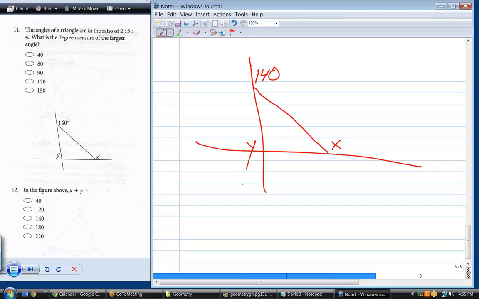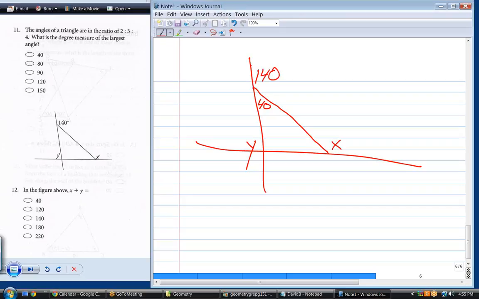So, yeah, I think so. We know that the top angle would have to be 40. Okay. Oh, wait, no. How would you solve this?